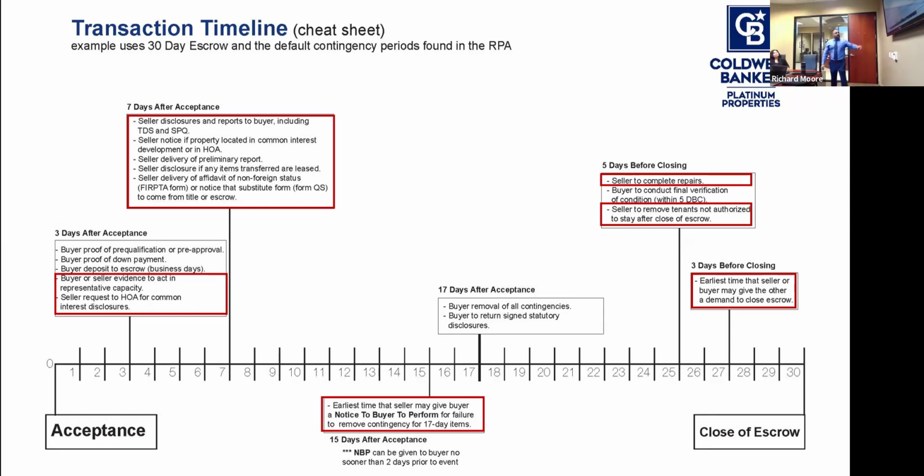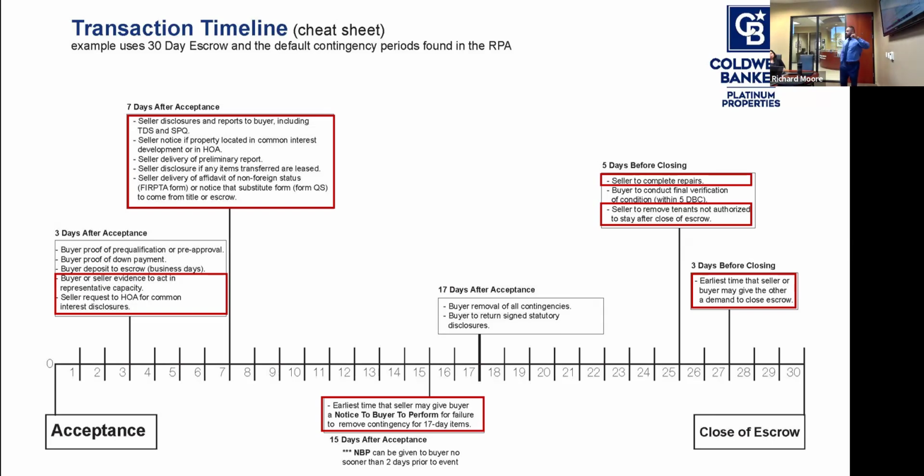Within the first week, the buy side is also going to order their physical inspection of the property. They're going to look at everything in the house. They'll get their report back probably in a couple of days, and then they're going to send over a request for repairs, and you're going to negotiate that within this time frame. Maybe there's some termite work that needs to be done.